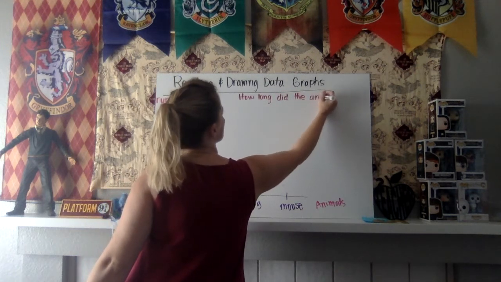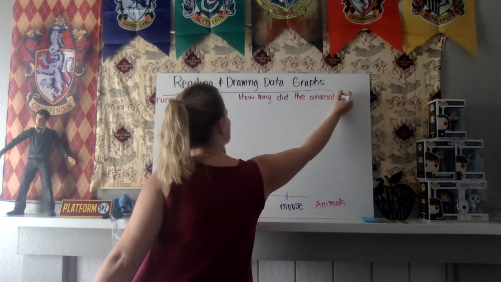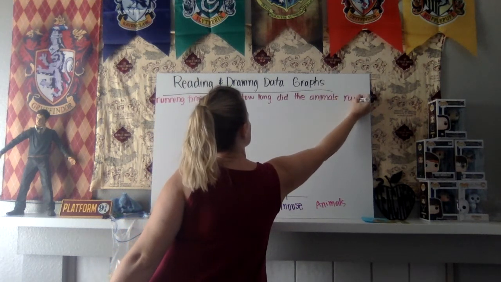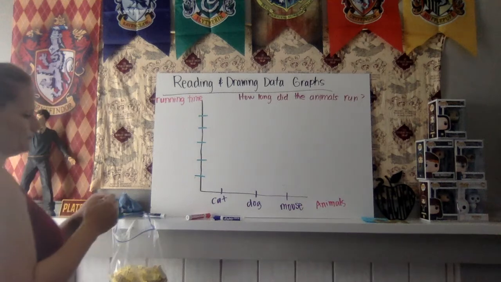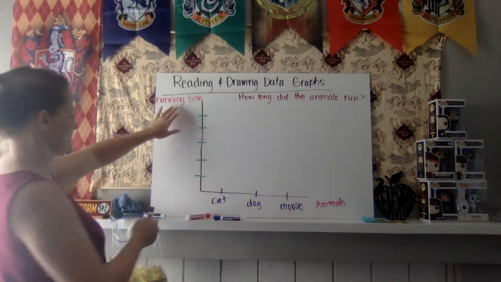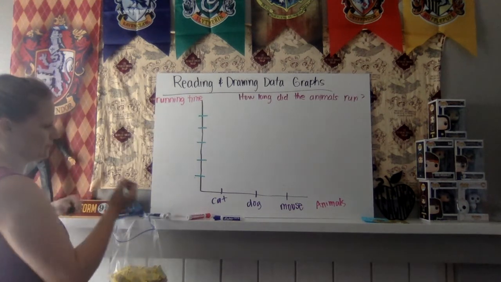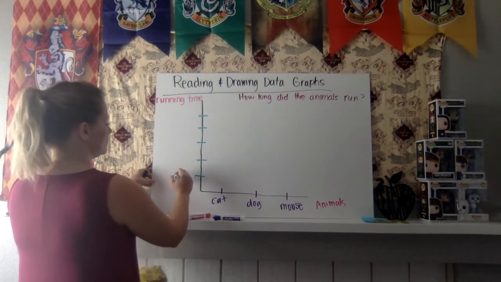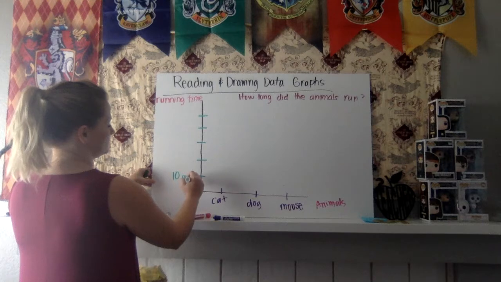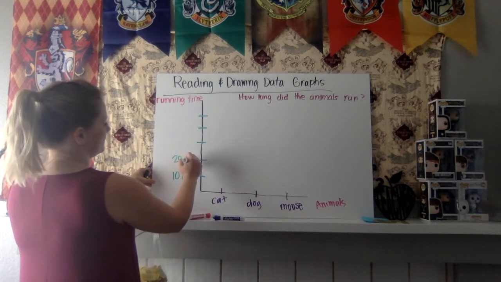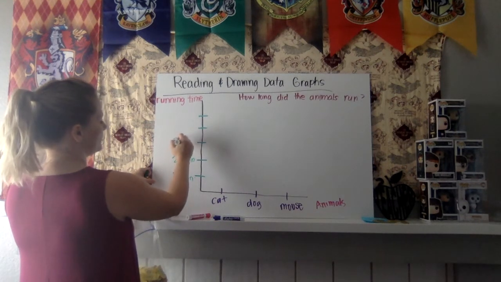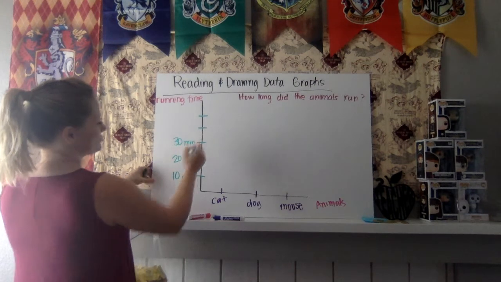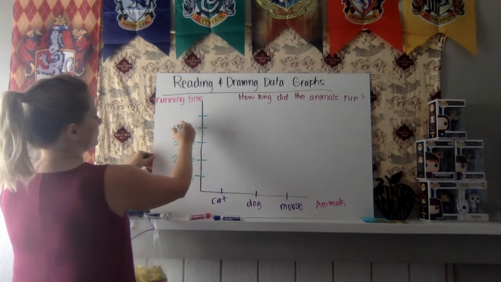Okay? So since this is time, we're going to go in 10-minute intervals. So that means we're going to basically rote count by tens. So this is 10 minutes, 20 minutes, 30 minutes. MIN is shorthand for minutes. 40 minutes.